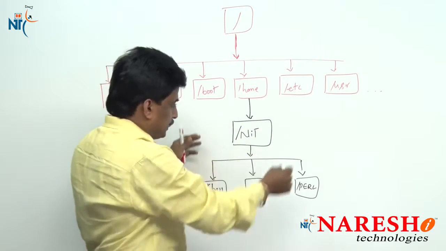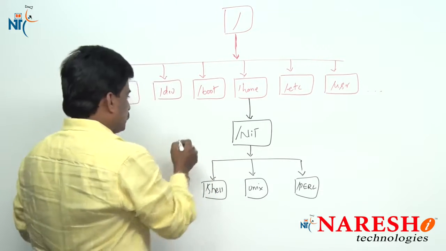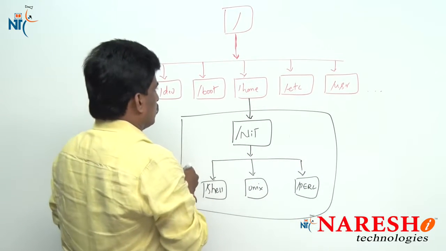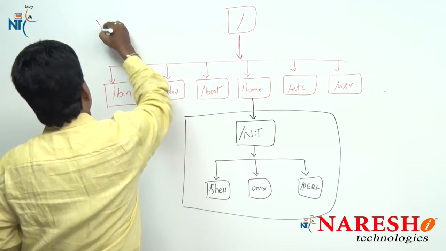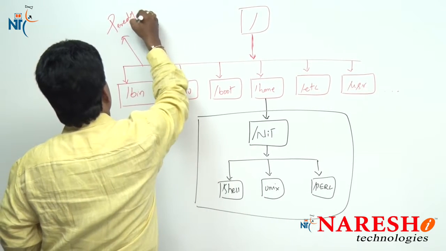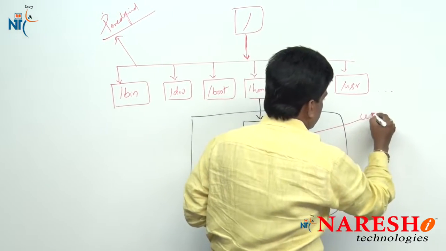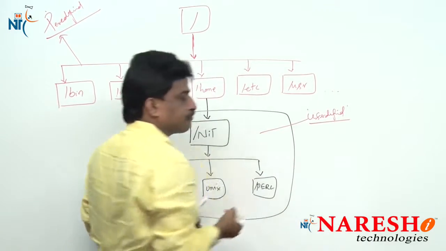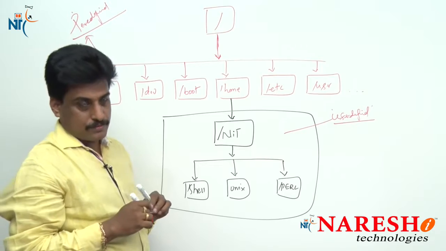Whenever we identify this UNIX file system architecture, all these come under predefined directories. These are user defined directories. This is the UNIX file system architecture.